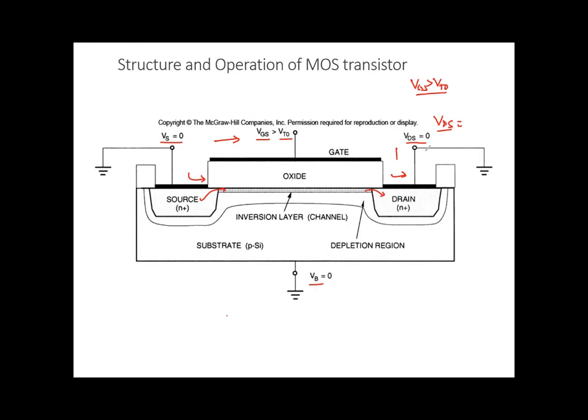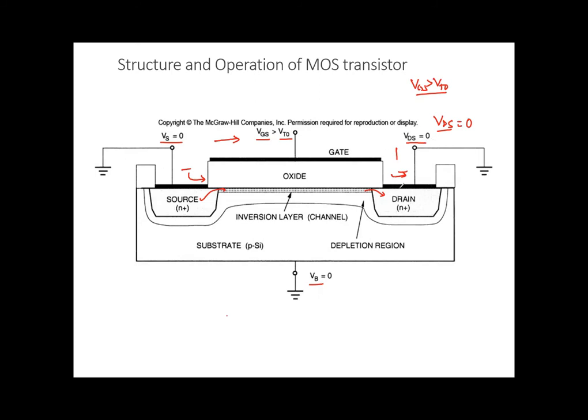But as of now, we have not applied any potential. VDS is equal to 0, so there is no potential between source and drain, and there will be no flow of electrons. So VGS greater than VT naught does not ensure any carrier of current, because VDS has no potential.